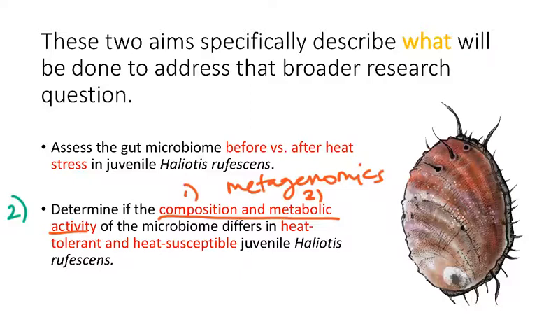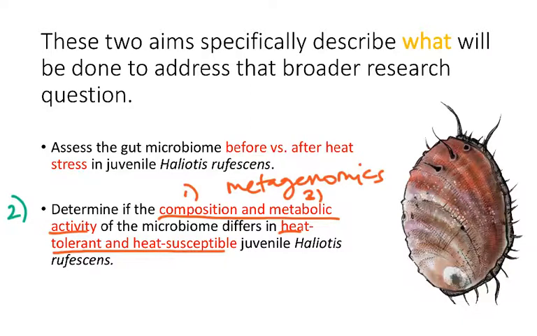The second part that's more specific is that we're also introducing this idea of comparing juveniles that are heat tolerant, which means they survive after they're exposed to warm temperatures and heat stress, and those that are heat susceptible, which means that they die after being exposed to heat stress.